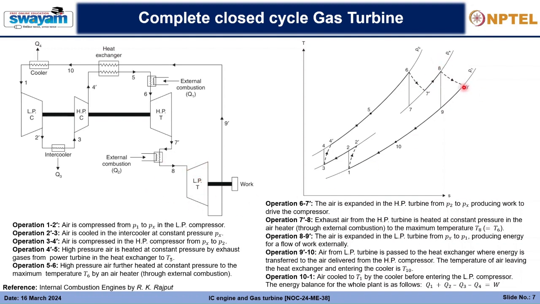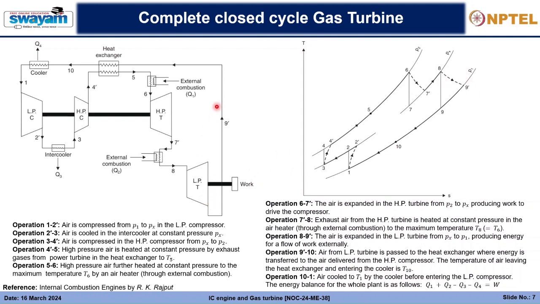It is expanded up to the point 9 dash, and the total enthalpy difference due to the expansion of the gas is directly being utilized into the net work which is coming out of the entire system. So that is the amount of work that is available for us to run our other systems.